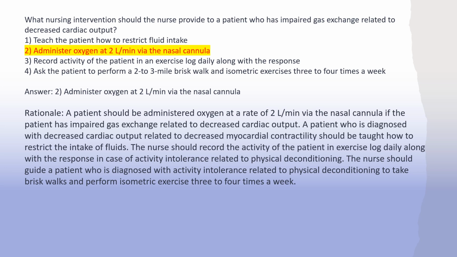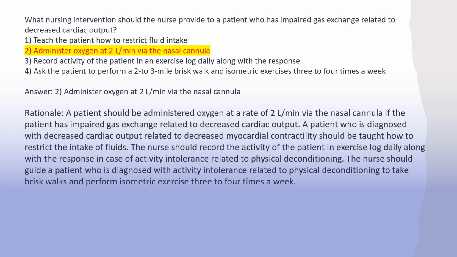Answer. 2. Administer oxygen at 2 L per minute via the nasal cannula. Rationale. A patient should be administered oxygen at a rate of 2 L per minute via the nasal cannula if the patient has impaired gas exchange related to decreased cardiac output. A patient who is diagnosed with decreased cardiac output related to decreased myocardial contractility should be taught how to restrict the intake of fluids.